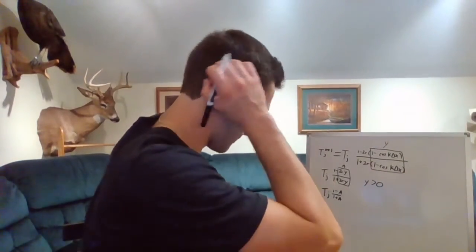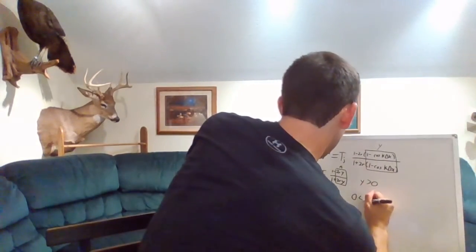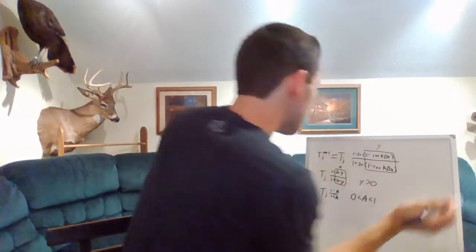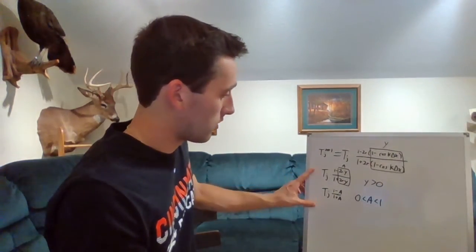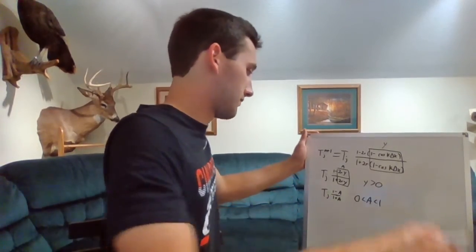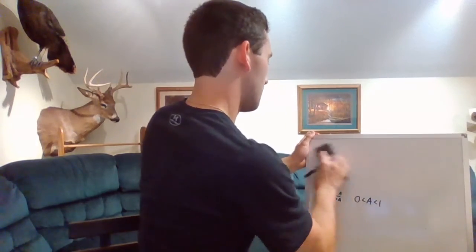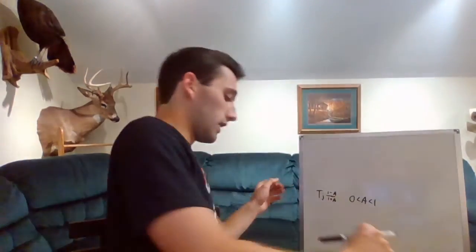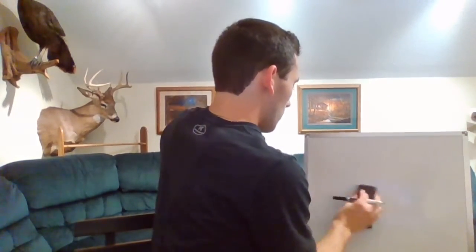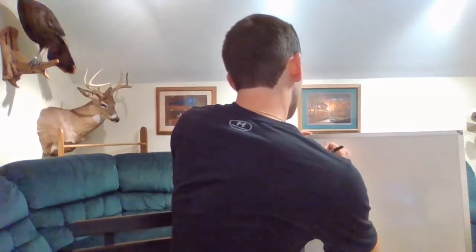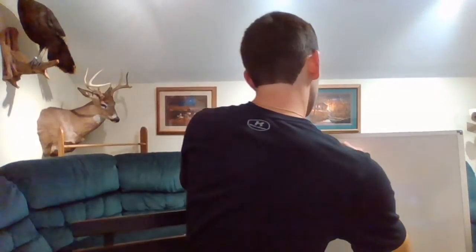And so for this, a must be greater than 0 but less than 1. So now what we can do is we can now state the boundaries for r, which are, it must be greater than 0 and less than 1.